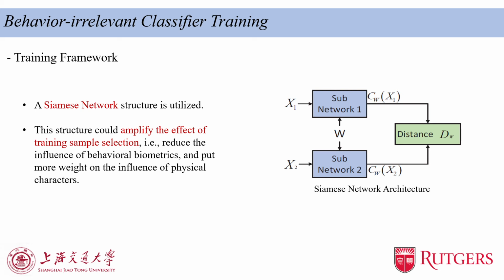As the name suggests, Siamese network always takes a pair of samples as input to train the parameters of the network. So the selected sample pairs could fully play the effect to reduce the influence of behavioral biometrics and put more weight on the influence of physical characters. And that's exactly what we need here.